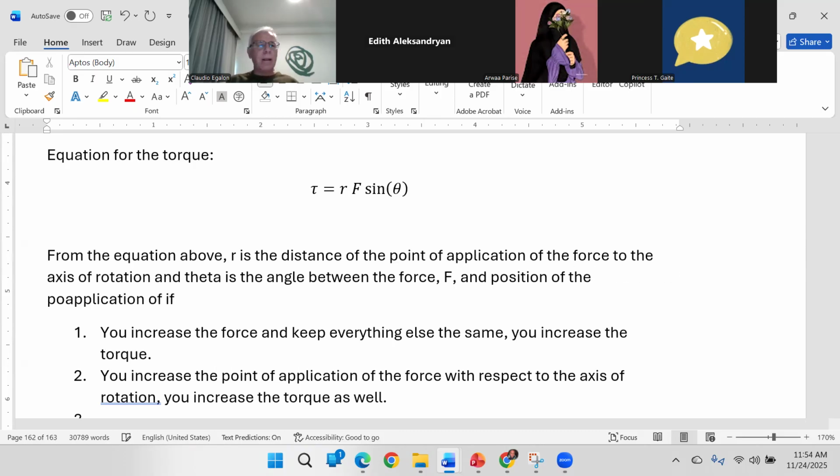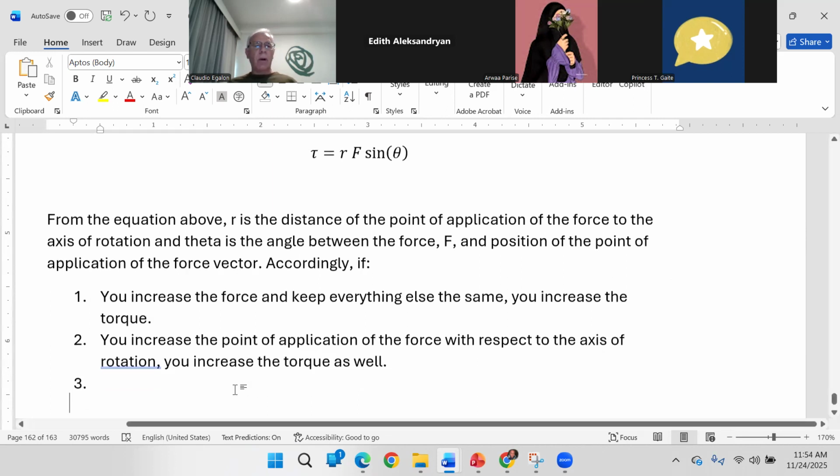Accordingly, if you increase the force and keep everything else the same, you increase the torque.